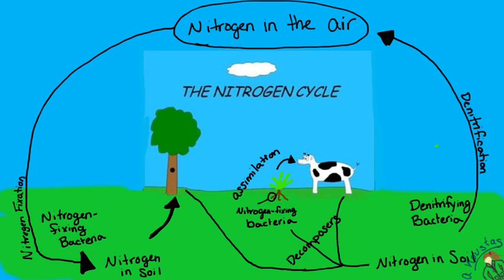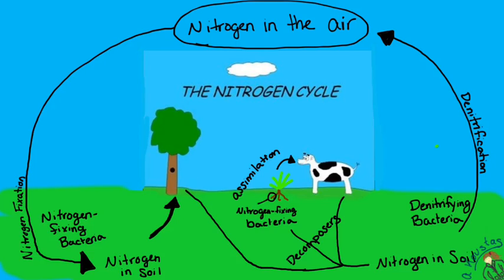But how do we get nitrogen? As animals, animals eat the plants, and this is how we take in our nitrogen. So the process in which plants and animals get nitrogen is called assimilation. So once again, the nitrogen from the air during nitrogen fixation is turned into a kind of nitrogen in the soil.